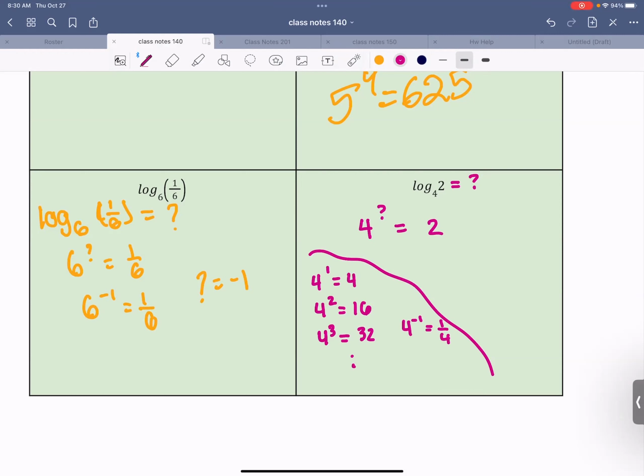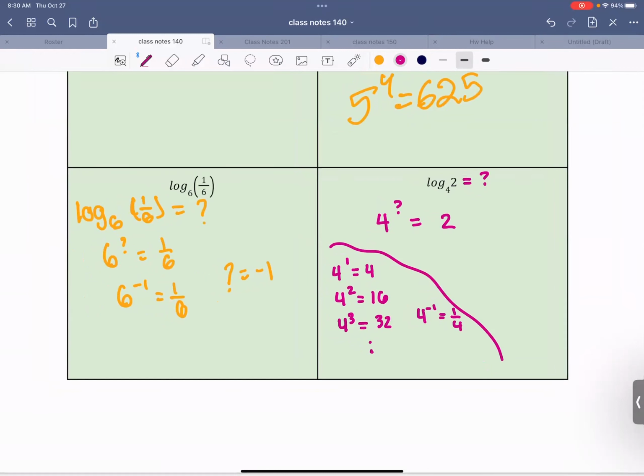You can put in a fraction. I could plug in a fraction, right? I didn't talk about fractional exponents yet. Let's do, I don't know, 4 to the 1/2. What essentially is a half power? Square root, right? Remember, a half power is also the square root of 4. And what's that? 2, right?